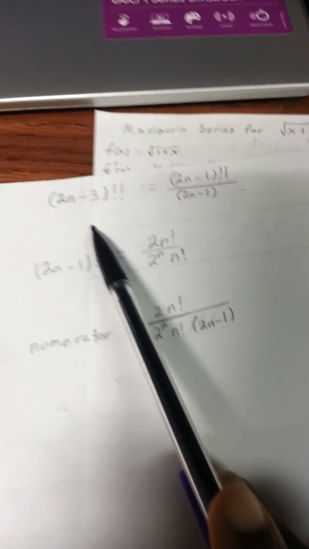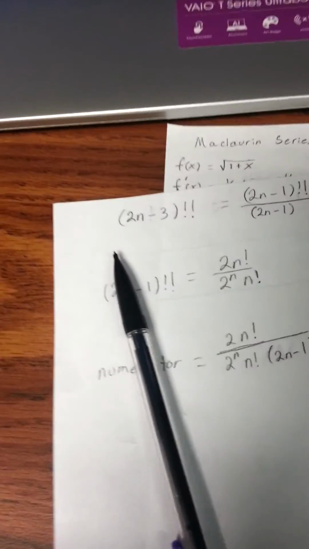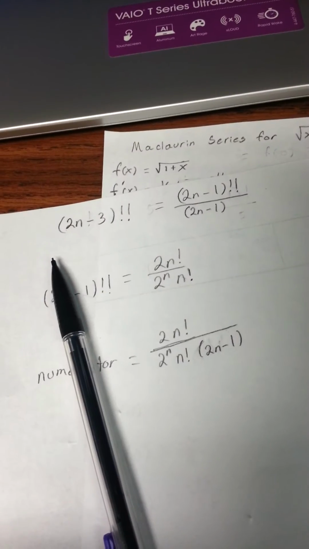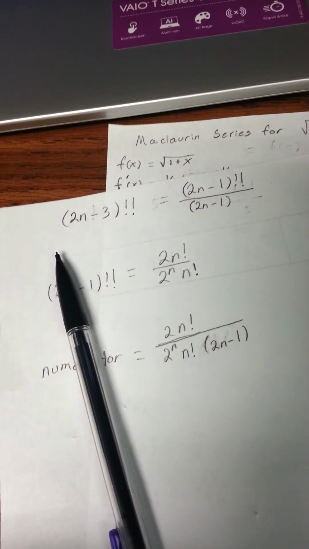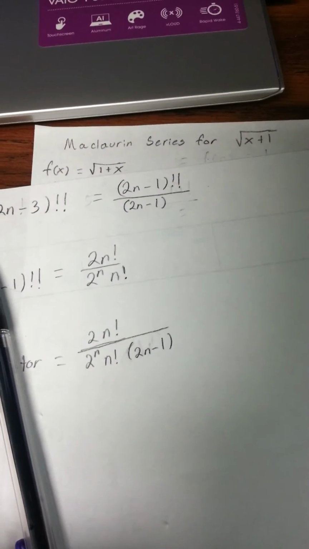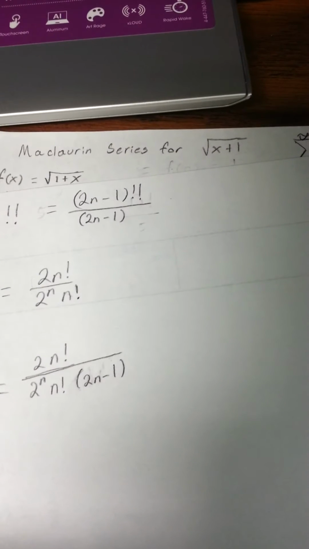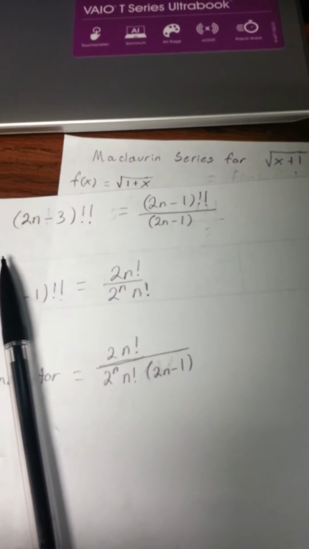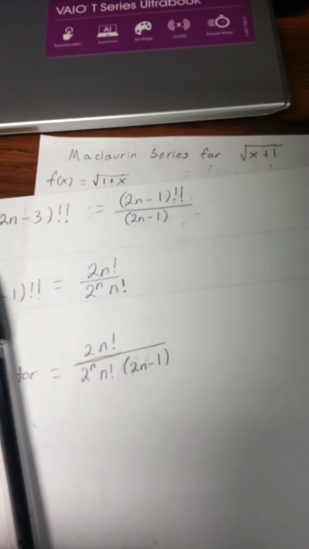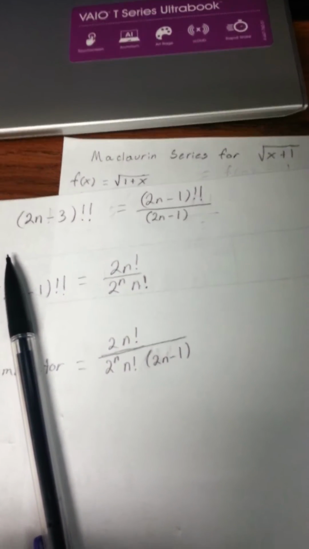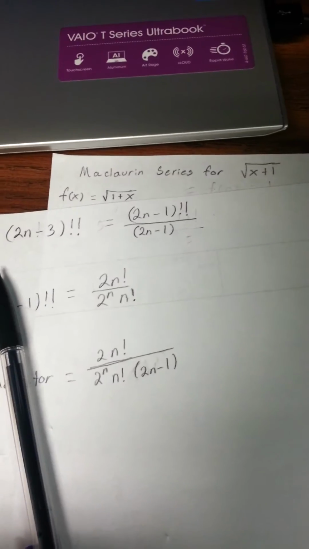Alright, but you can't quite put this in because let's say we have the 0th term, I have negative 3 double factorial, which is undefined, and that's weird. But if you do a little trick where you basically divide by 2n minus 1, you can write it like this.